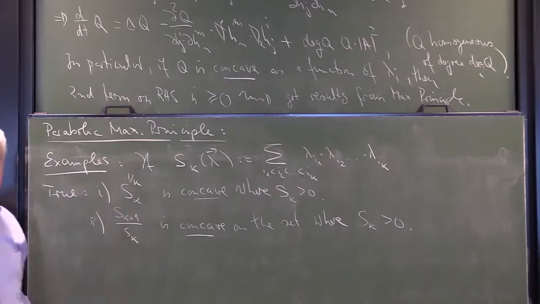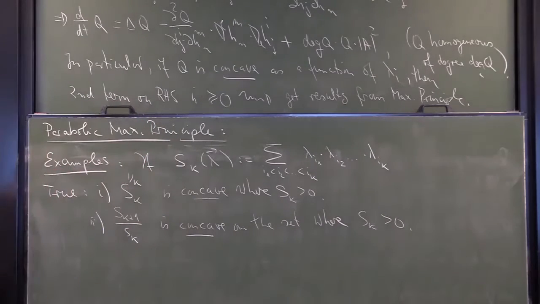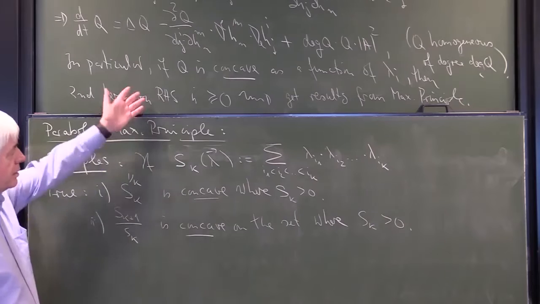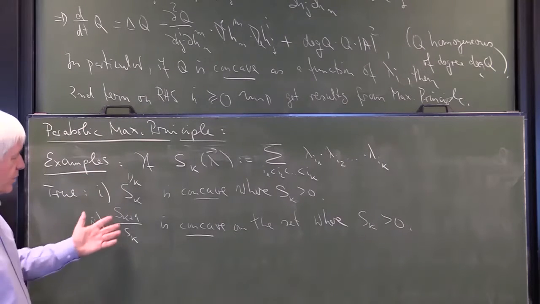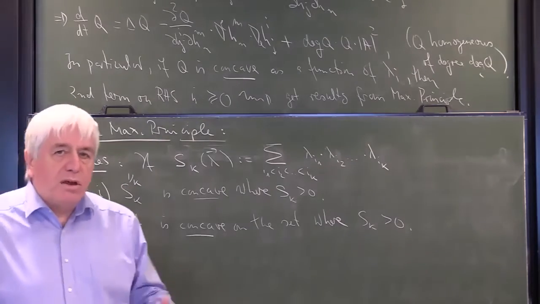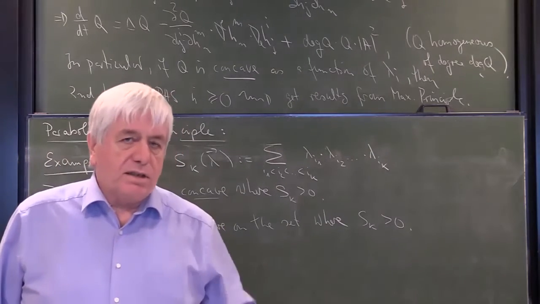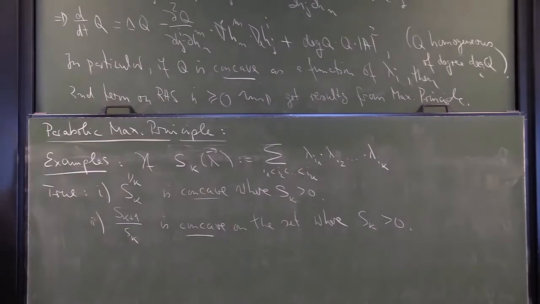So there's plenty of examples of concave functions that one can apply the concavity and apply the maximum principle on these quantities. So you get, in particular, that positive lower bounds on these quantities are preserved by mean curvature flow in Euclidean space.